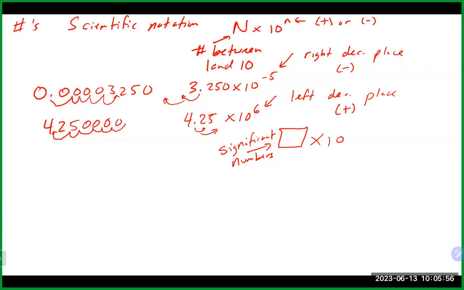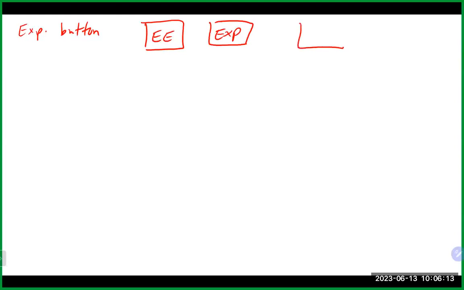So for example, on your calculator, you should have an exponent button. On most people's calculators, it is either an EE button, an EXP button, or if you have some of the newer calculators, you might actually have a times 10 to the n button. And I'm sorry if you have that calculator.